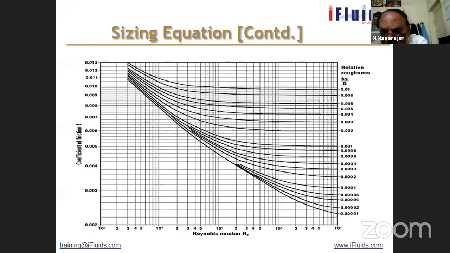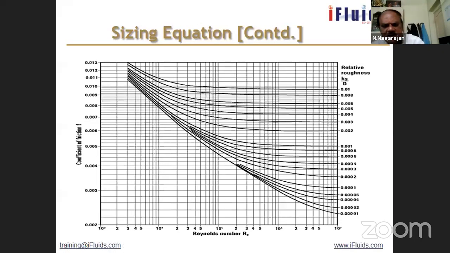All these curves are relative roughness, Ks by D. So once you calculate the Reynolds number, for a given Reynolds number, you can find out the coefficient of friction. For example, if it is 10 power 5, it gets you something like 0.0046, I would say.